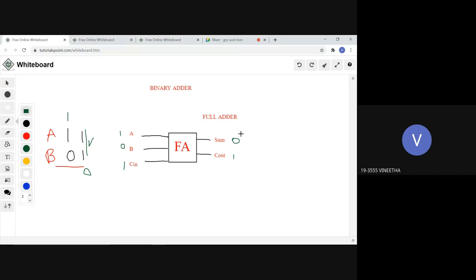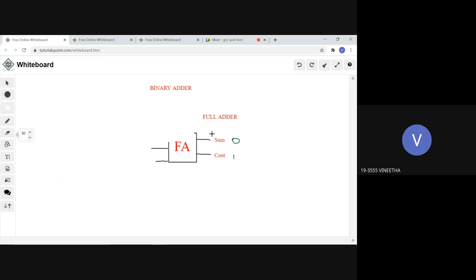So we've got sum 0 and carry 1. In addition, the carry out is placed at the MSB position. So this is how a full adder works. In a binary adder and subtractor, we have 4 full adders. With the help of 4 full adders, we construct a binary adder. Let's see how to construct a binary adder. First let me draw the 4 full adders.